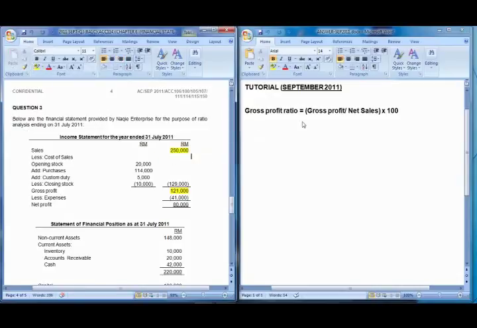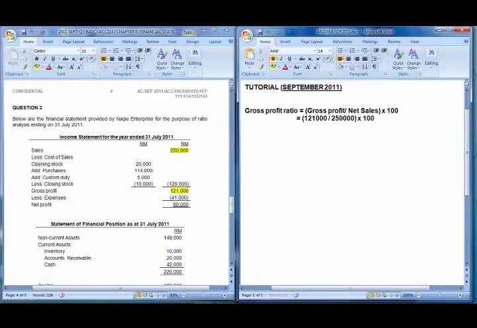So we have the values, so just substitute both values into the formula. So we have gross profit 121,000 ringgit divided by the net sales, which is 250,000 ringgit, times 100. So Azim, can you calculate the answer for me?